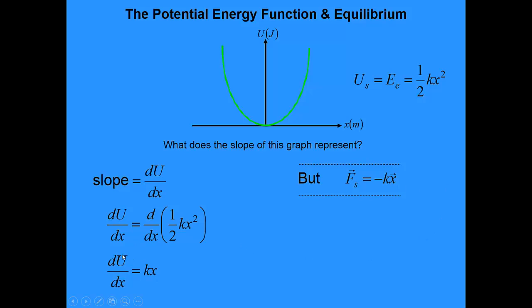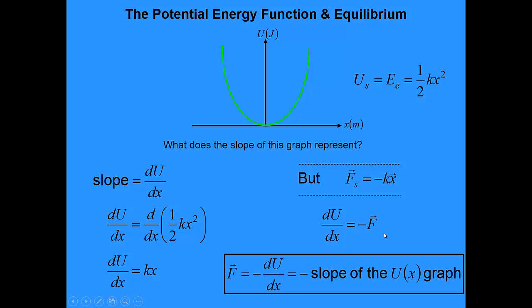So really, this is the negative of the force. It's the opposite of the force. Or we can say then that the force is the negative derivative of the potential energy as a function of position, with respect to position, or the negative slope of the graph.